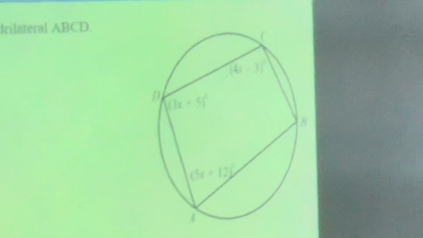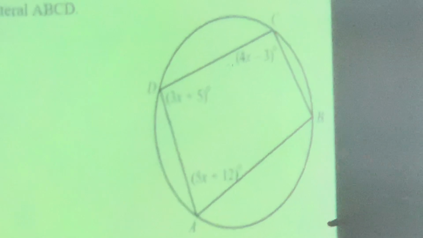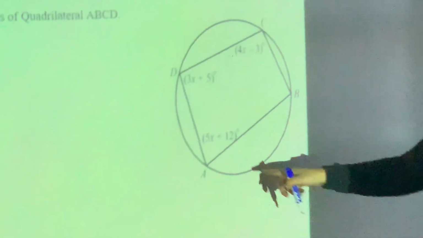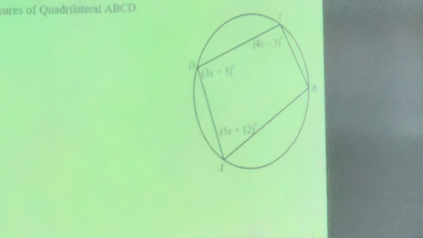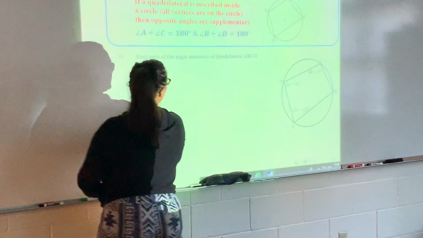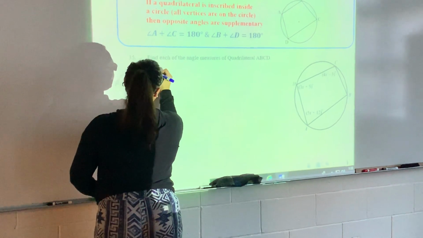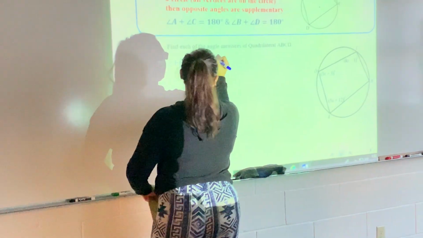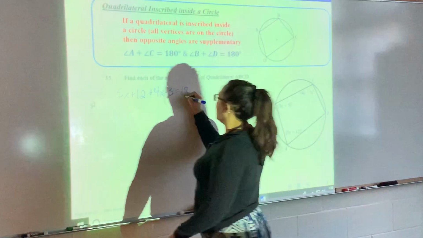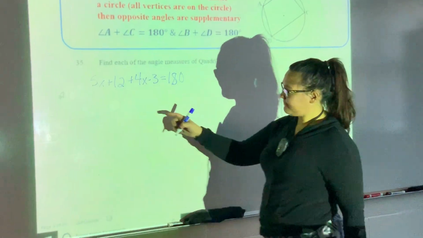So find each angle measure of the quadrilateral ABCD. So we know that these two added together are going to equal 180. So we have 5x plus 12 plus 4x minus 3 will equal 180.